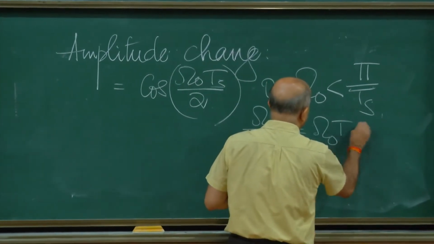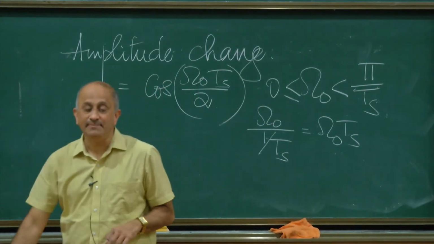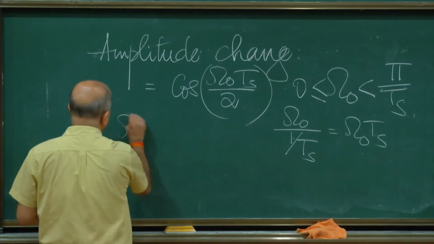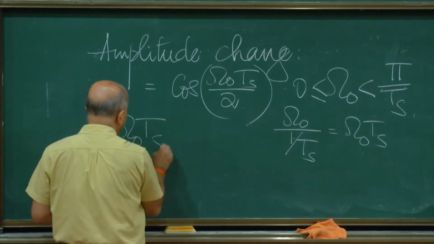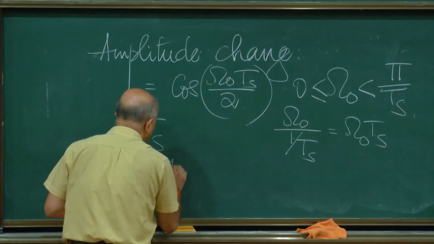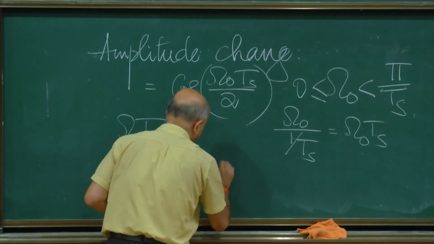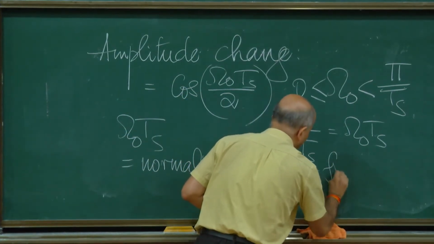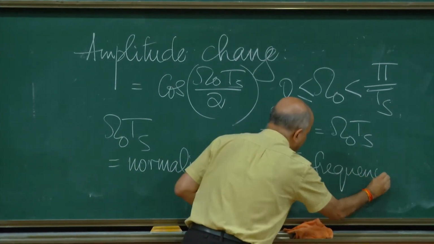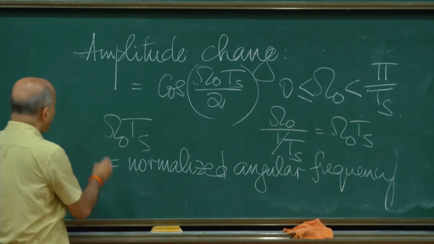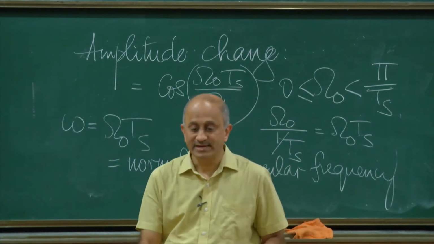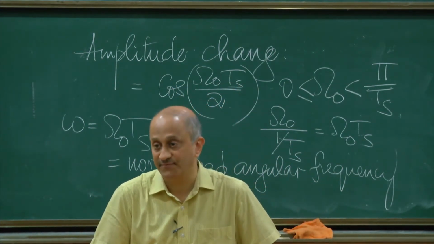So what is the physical interpretation? Omega naught divided by 1 by Ts is a normalized angular frequency. Omega naught Ts is therefore a normalized angular frequency. And we will denote omega naught Ts by small omega. It's the normalized angular frequency.